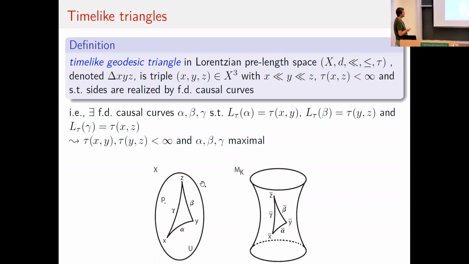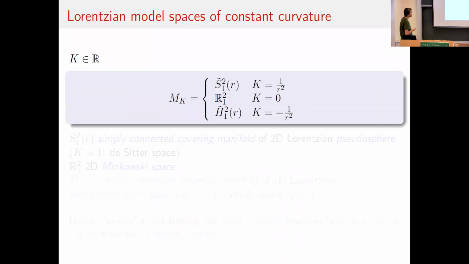You have your points X, Y, Z in your space. You realize the sides by these curves, the points are time-like related. And what you can do now is realize this, if the side lengths are small enough, depending on K, in a space of constant curvature K, the space M_K. These are the so-called Lorentzian model spaces of constant curvature. So K is a real parameter.